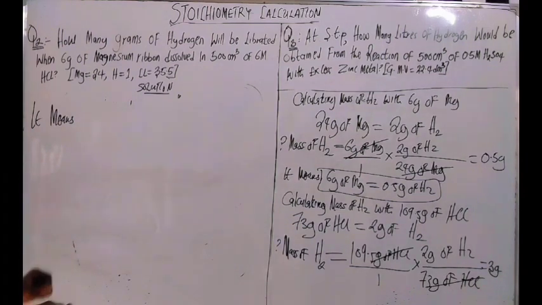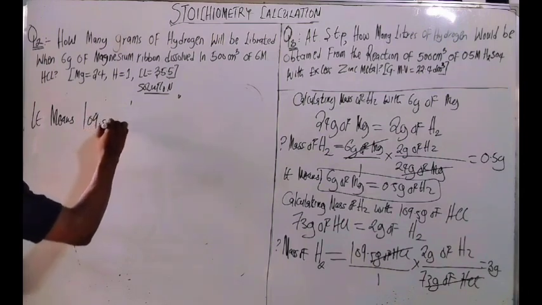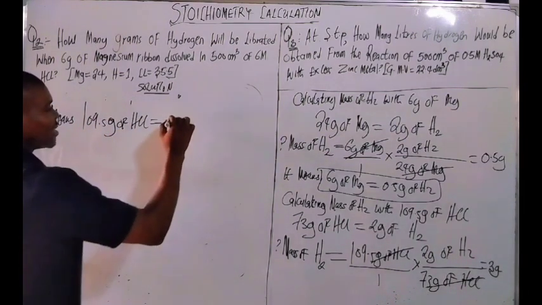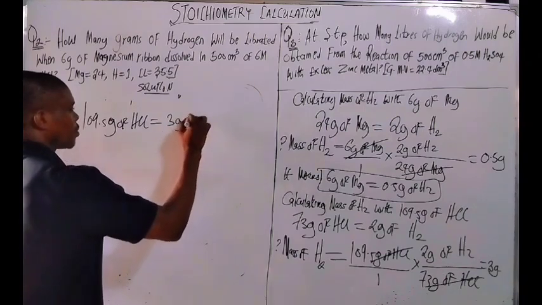It means 109.5 gram of hydrogen chloride is equal to 3 gram of H2. Do you understand?